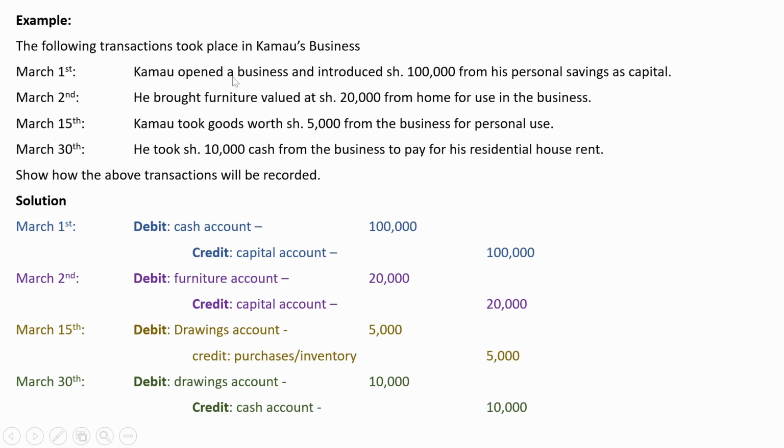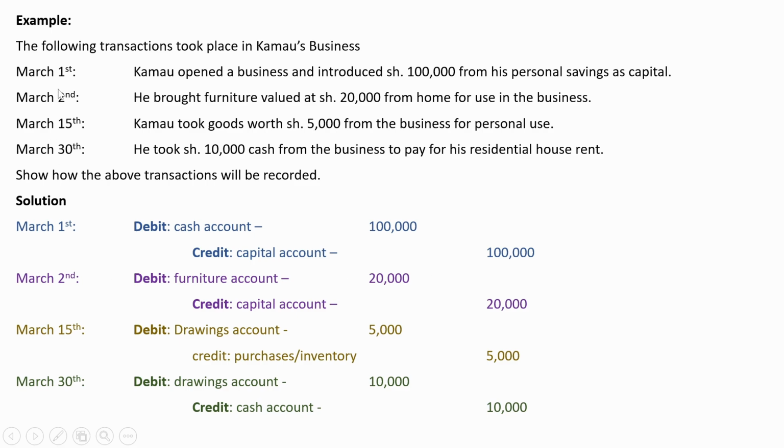Remember what we have said. Increase in the capital, we credit. Increase in the cash, we debit. So cash has increased by 100,000. Therefore, we debit cash account. At the same time, capital has increased by 100,000. So we credit capital account with 100,000.